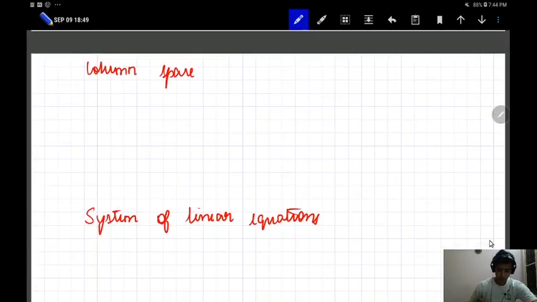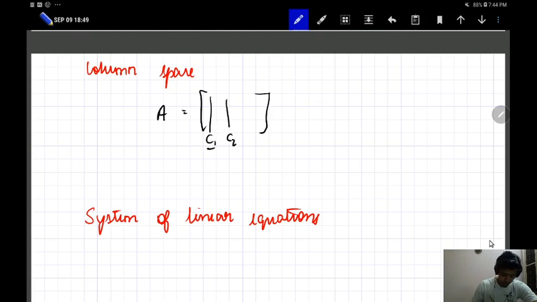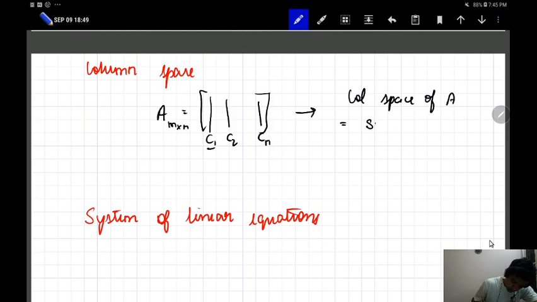Right. So given a matrix A, the column space of this matrix is the vector subspace which is generated by the columns of A. So if you have columns C1, C2 up to Cn, assuming that this is an m by n matrix, each Ci is going to be an m length vector, then the column space of A is the subspace generated by the columns C1, C2 up to Cn.